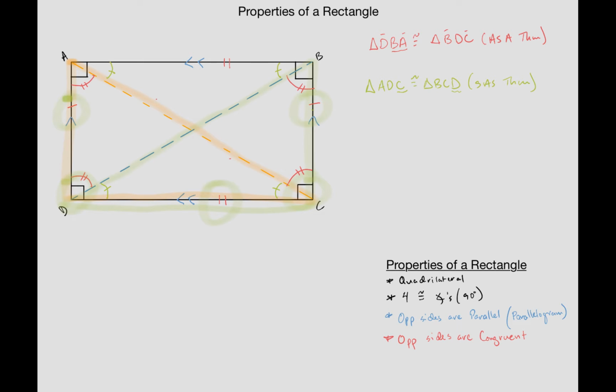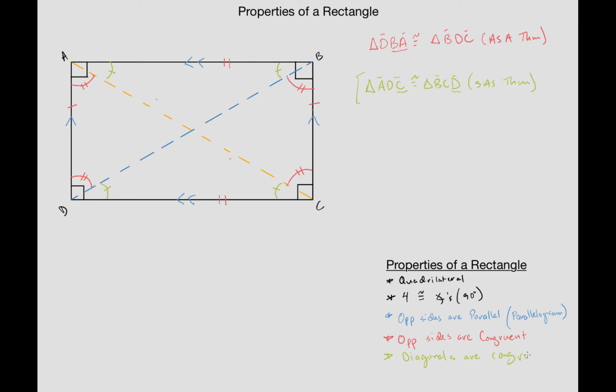From there, we can show quite a bit more about the diagonals and some additional information about all the congruencies here. One of the last things we want to show is that there's a lot of symmetry and the diagonals look pretty darn close to each other, don't they? We actually already know they're congruent because these two triangles are congruent, and so AC must be congruent to DB. We can put that down already.